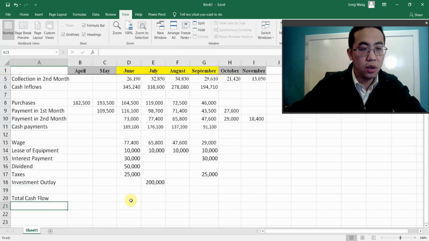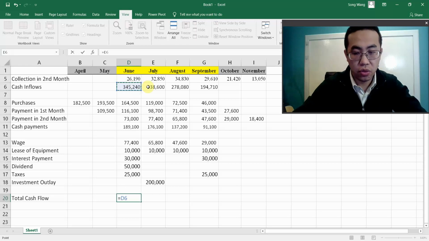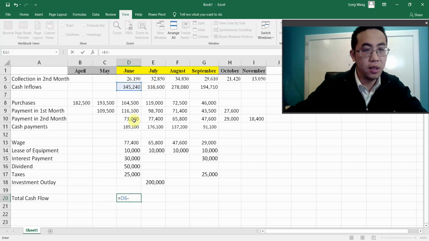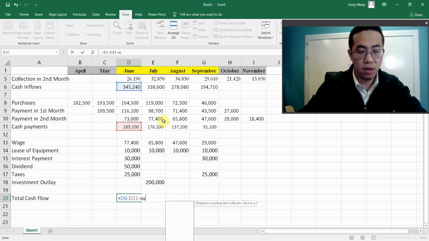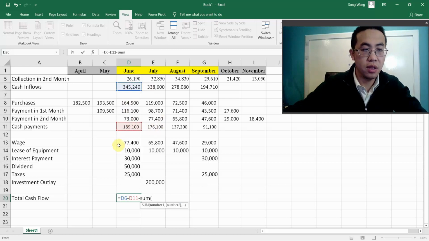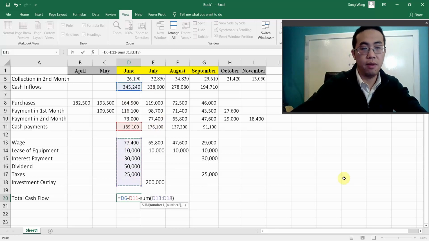Okay, for June to September, it is whatever cash you collected, your cash inflow in June, minus the cash payment for your inventory, then minus the summation of all of these. You need to select all of them.